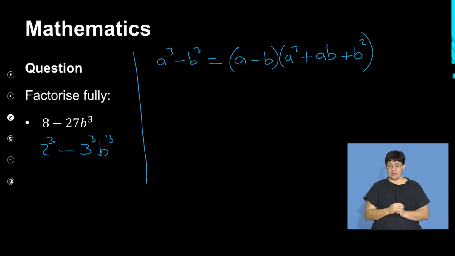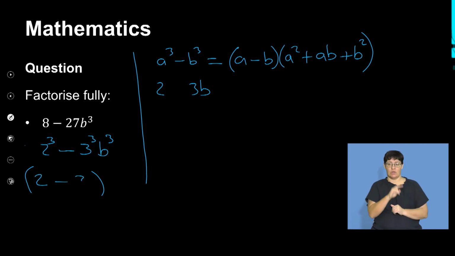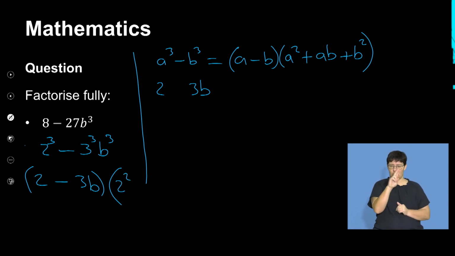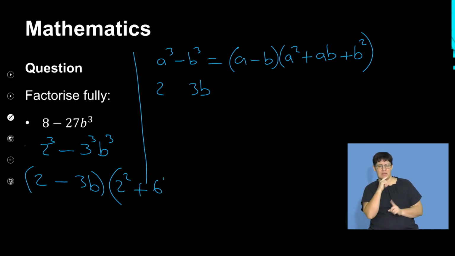In this instance, our a is 2, our b is 3b, right? So it means that if I want to factorize this, the first bracket will give me a minus b, which is the 2 minus 3b. The second bracket will be a squared, which is 2 squared. ab is 2 multiplied by 3b, so that gives me plus 6b.